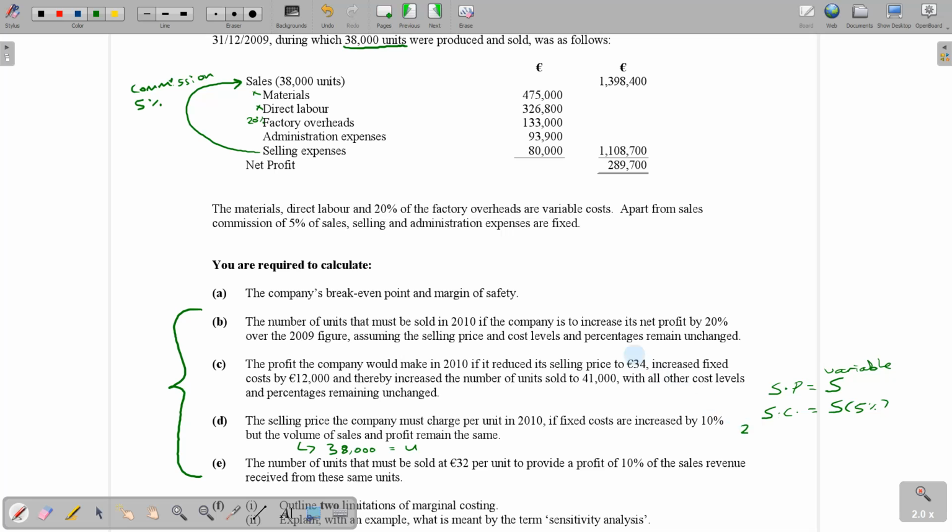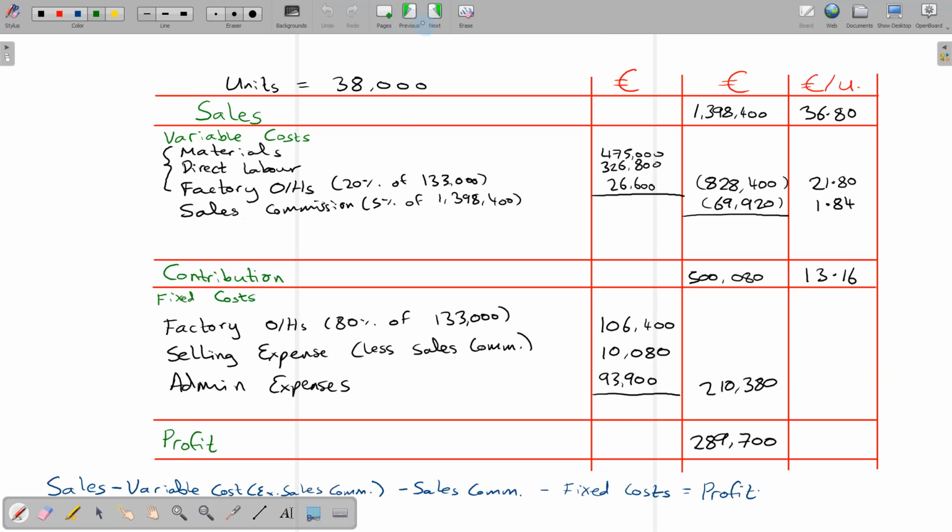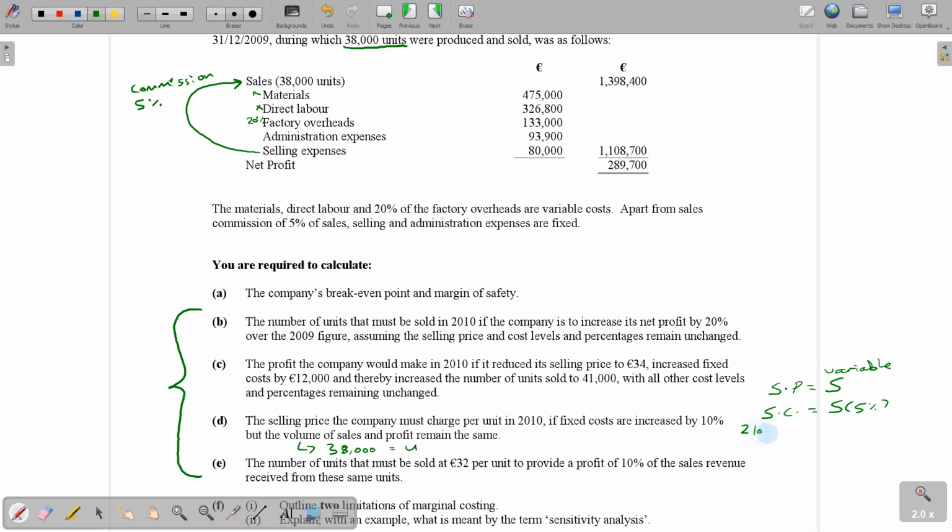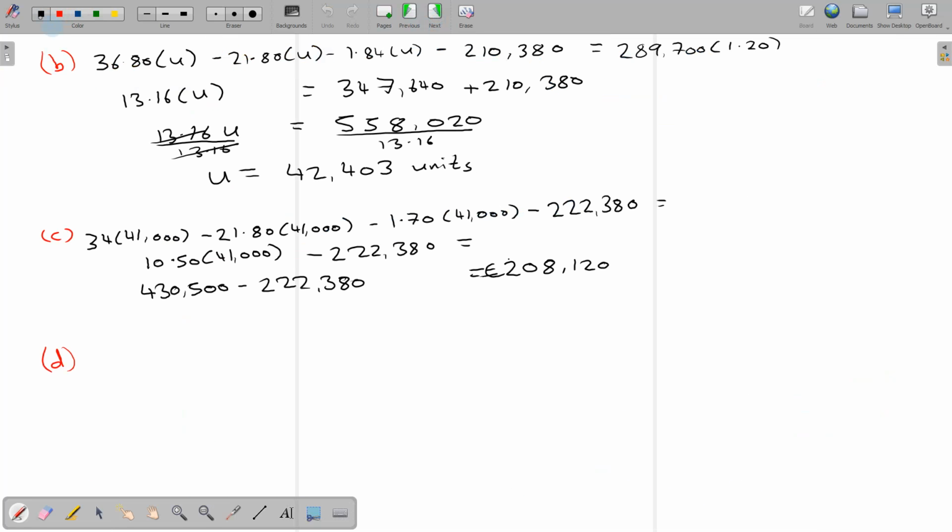So that is 210,380 by 1.1 or 110%, which is 231,418. Sales commission is 5% of selling price, and we can do that now straight away. So again, S is my variable.